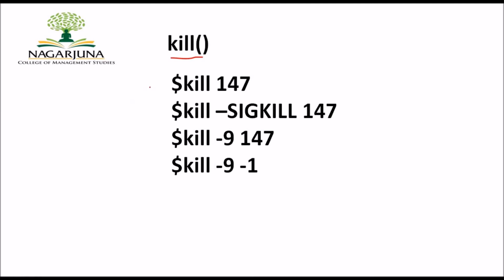So we have a set of examples here. The first one is kill 147, where 147 is a process ID. This is going to initiate a default signal called SIGINT, which means to interrupt your process, and the process with process ID 147 will be interrupted.